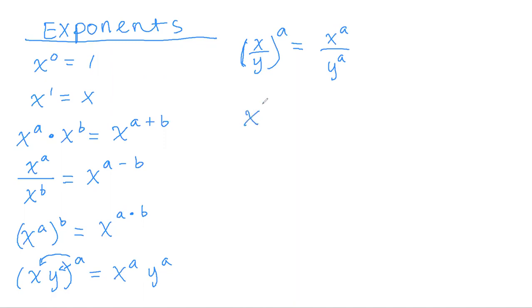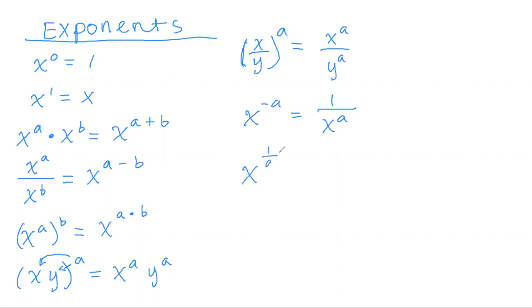If you have x to the negative a, I know this is something that's a bit challenging to grasp in the beginning, but this is actually just a reciprocal. You can write it as 1 over x to the a. And I don't think this will be touched on in this video, but I figured I would bring it up.